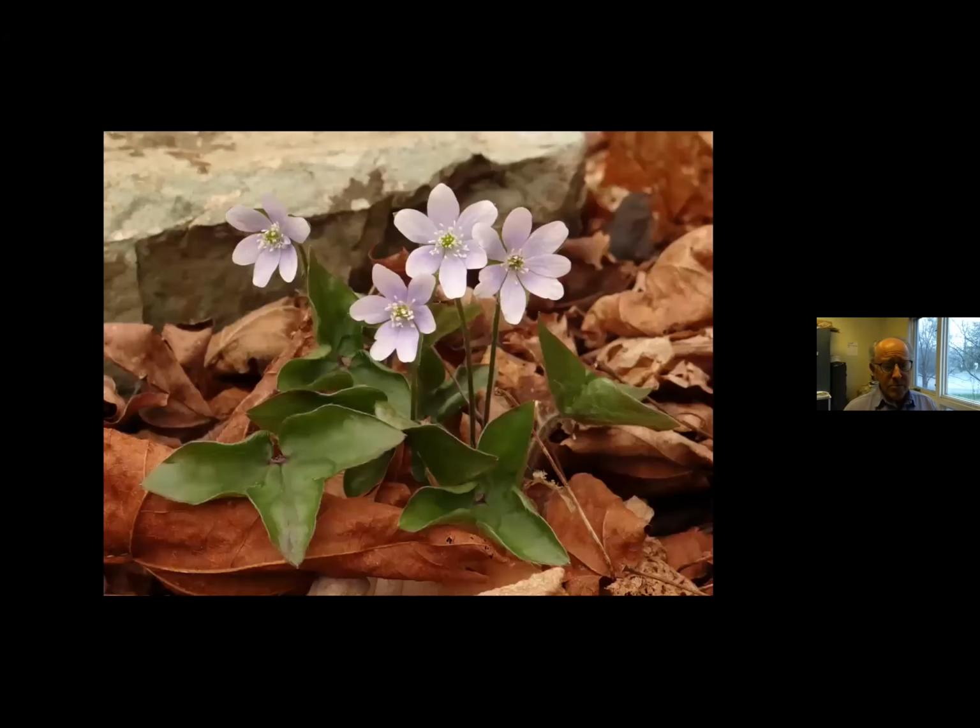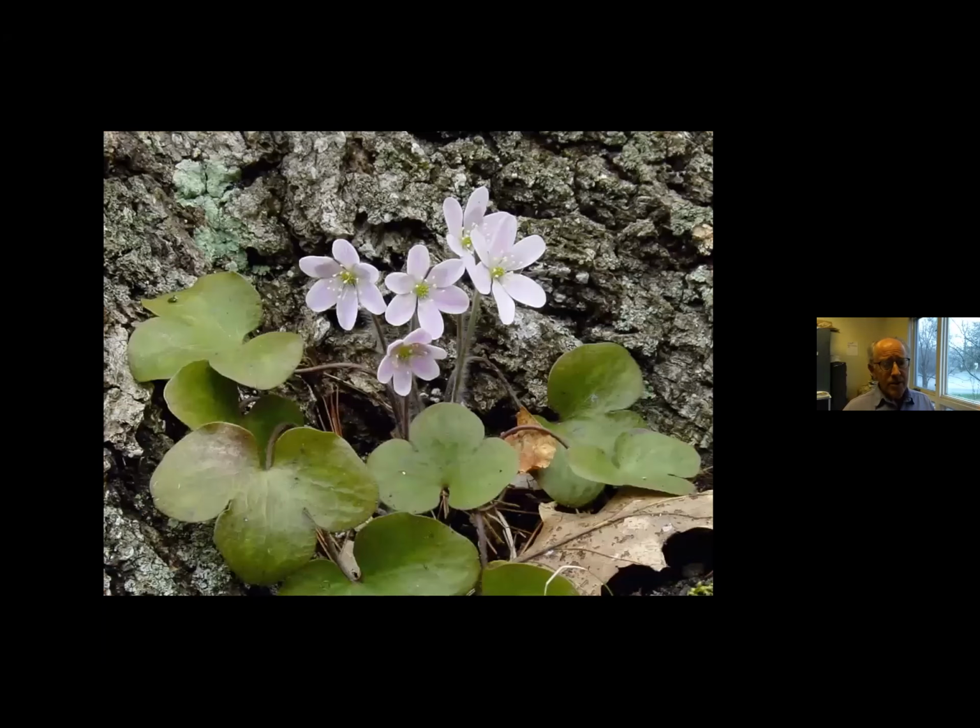Now, sharp-lobed hepatica tends to be in rich soils, lower slopes, bottomlands, rich mesic woods. Round-lobed hepatica tends to be in dry, rocky slopes, upper slopes, hilltops, open rocky woods, oak woods, drier, more acidic, more well-drained soils.